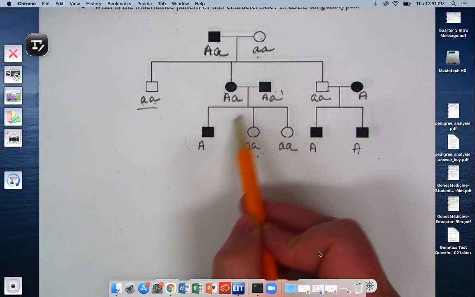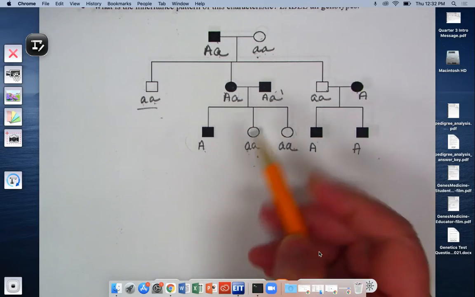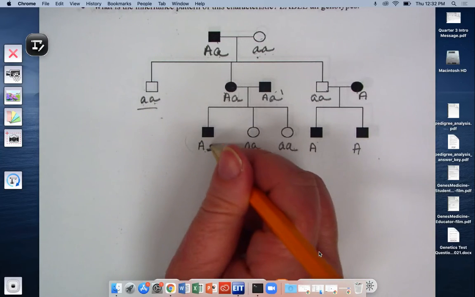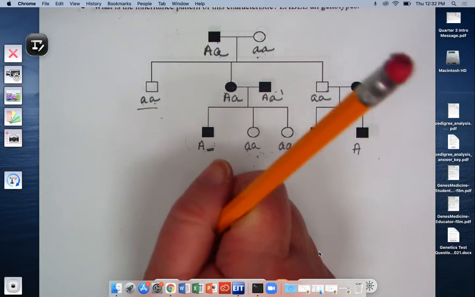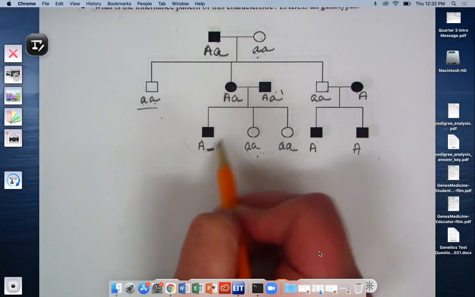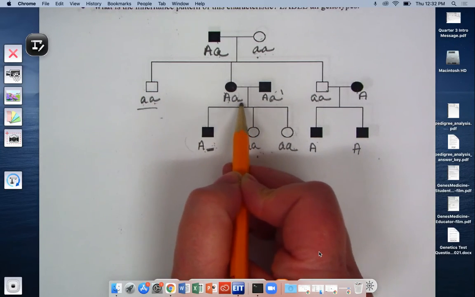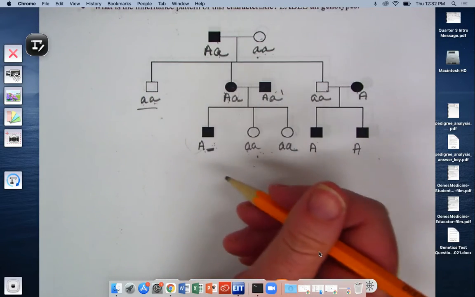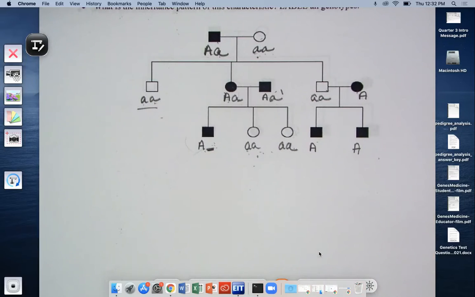This parent could have given this letter. So I have no idea what the other letter of this child is. Because it could be big A, or it could be big A, little a. So I don't know. So when we don't know, we just put a little dash. We have no proof one way or the other.